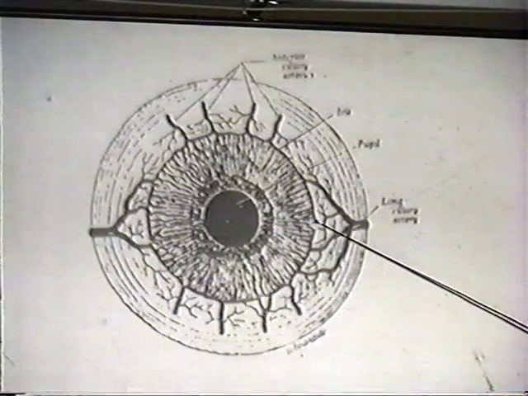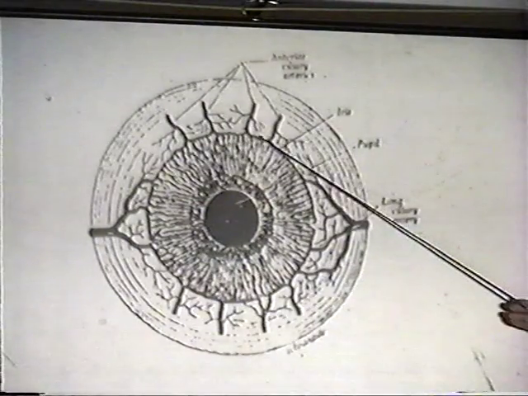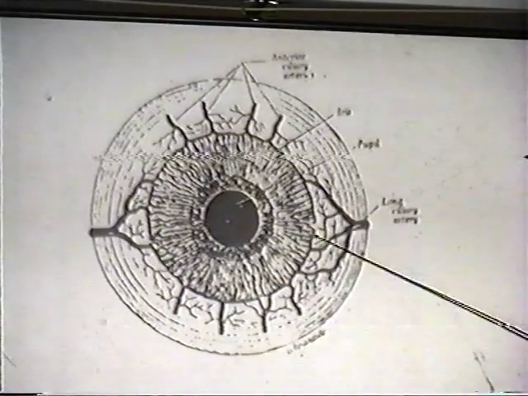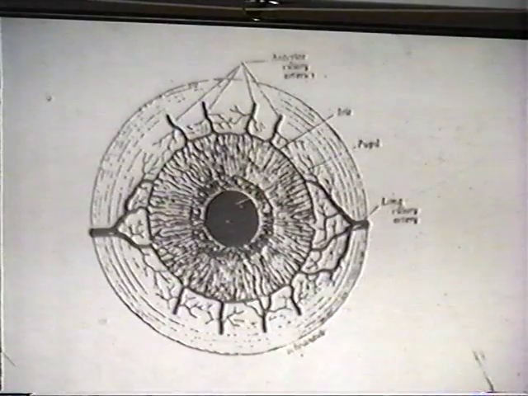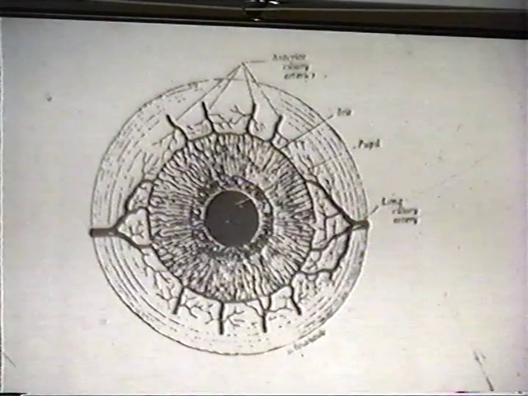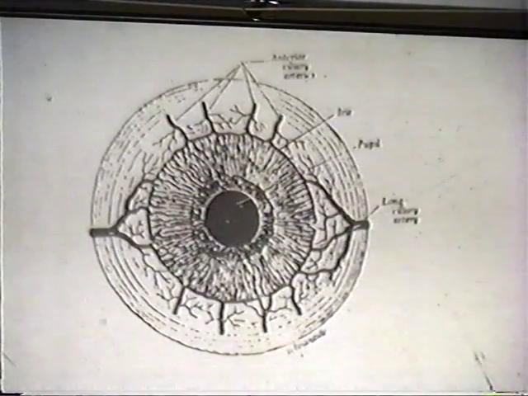But way down under the limbus is a circular blood vessel structure going all the way around the limbus, down deep. You cannot see that with the naked eye. I mean, you look at the eye, you can't see it. It's way down deep into what we call the stroma, okay?